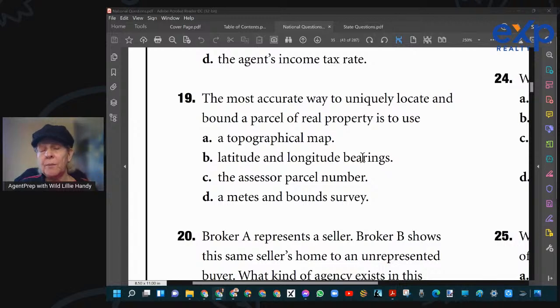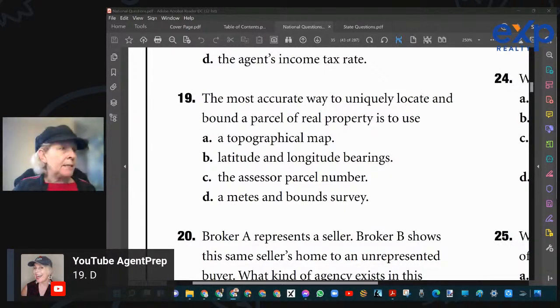The government rectangular system is in use in about 30 states. The other 20 use the metes and bounds, lot and block. The difference is the rectangular system is more for large acreage. So Colorado probably uses that. So, okay, 19D, that's correct.